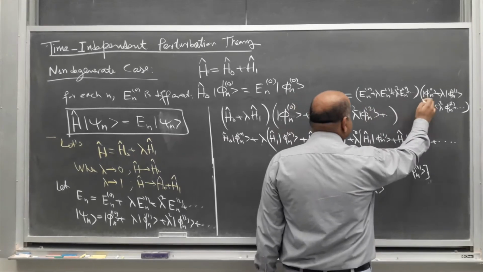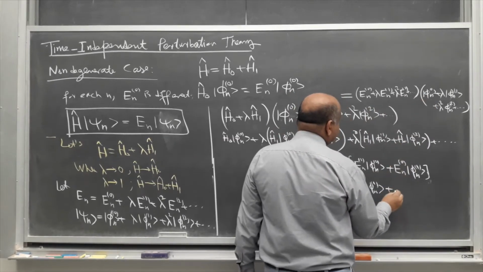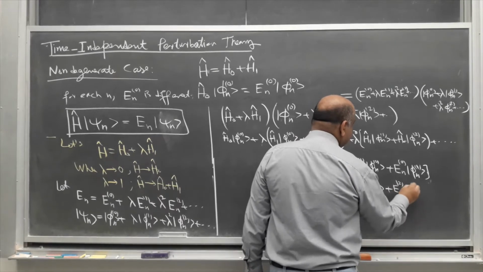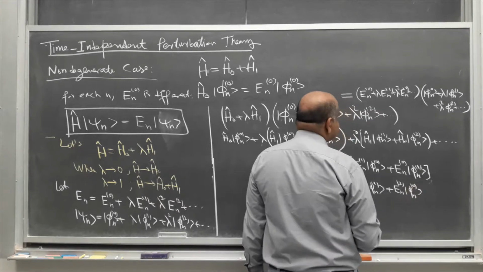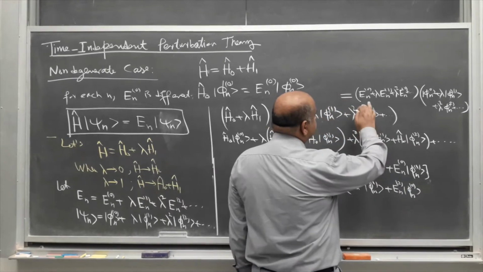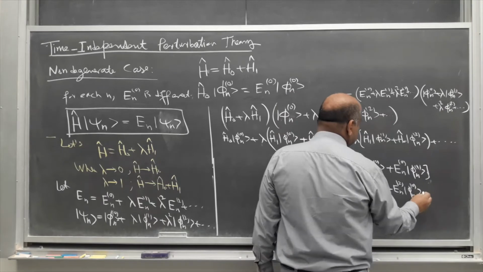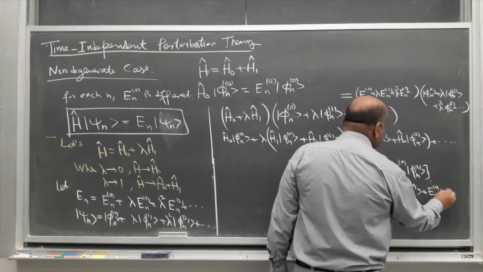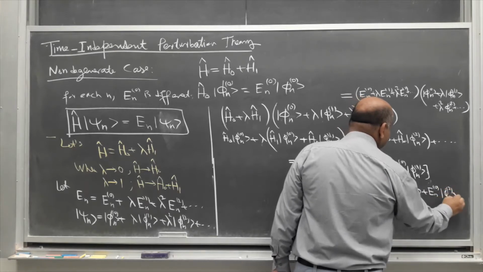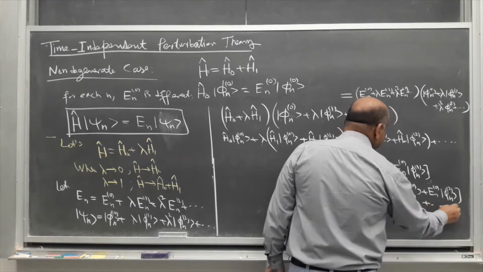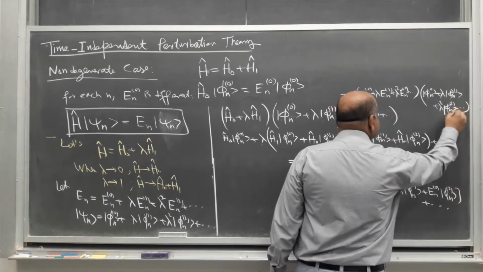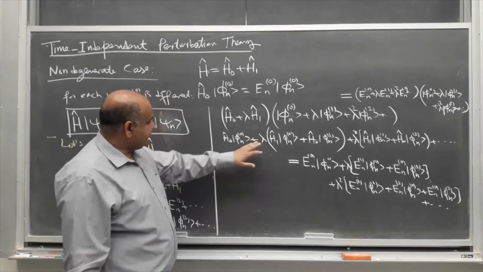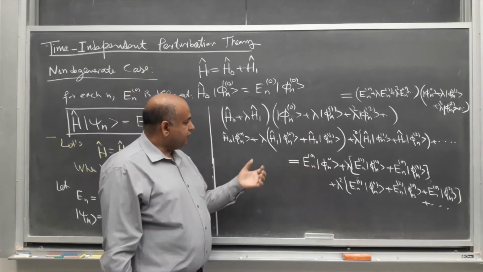Then this one multiplies with this, I have En2 phi n0, and similarly this one multiplies with this one, En0 phi n2, and then lambda cube terms, and so on.